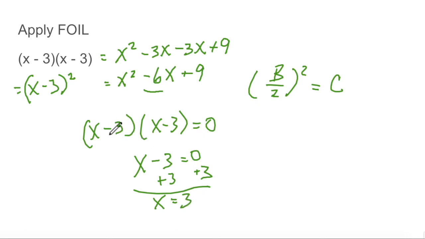So in the negative case, where x minus 3 quantity squared is equal to 0, there's only one solution, and it's x equals 3, positive 3, because both of these are going to give us the same result. So there's only one solution.